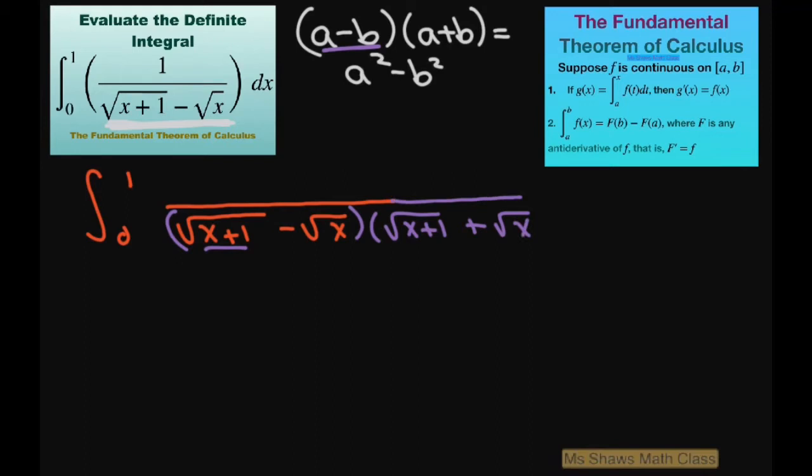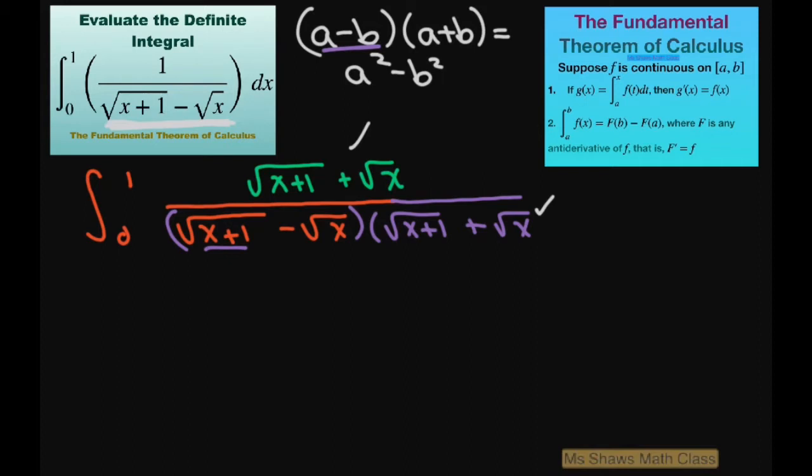You also have to multiply the numerator because we're just multiplying by 1. So it's 1 times the square root of x plus 1 plus the square root of x. Just remember these two, when you divide, give you 1. So we're just rewriting our expression.